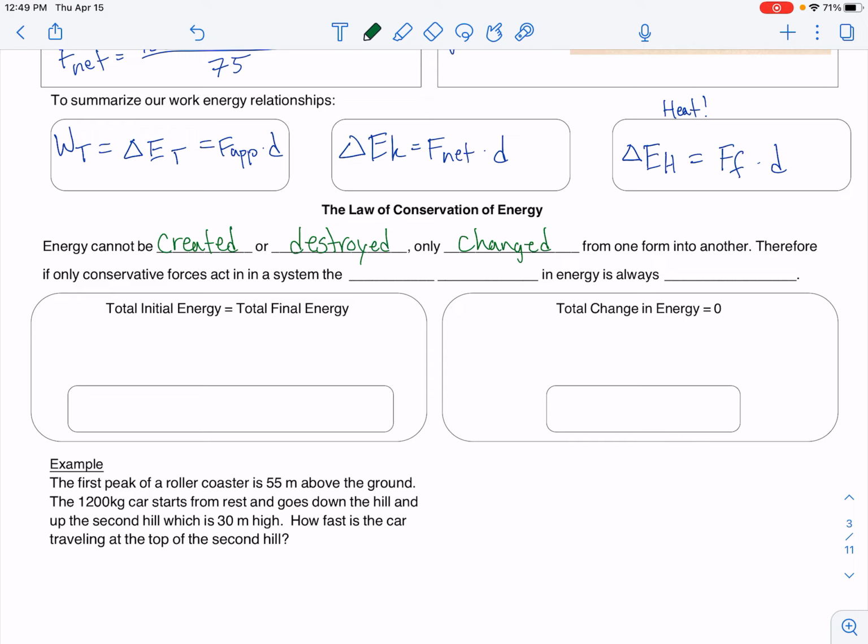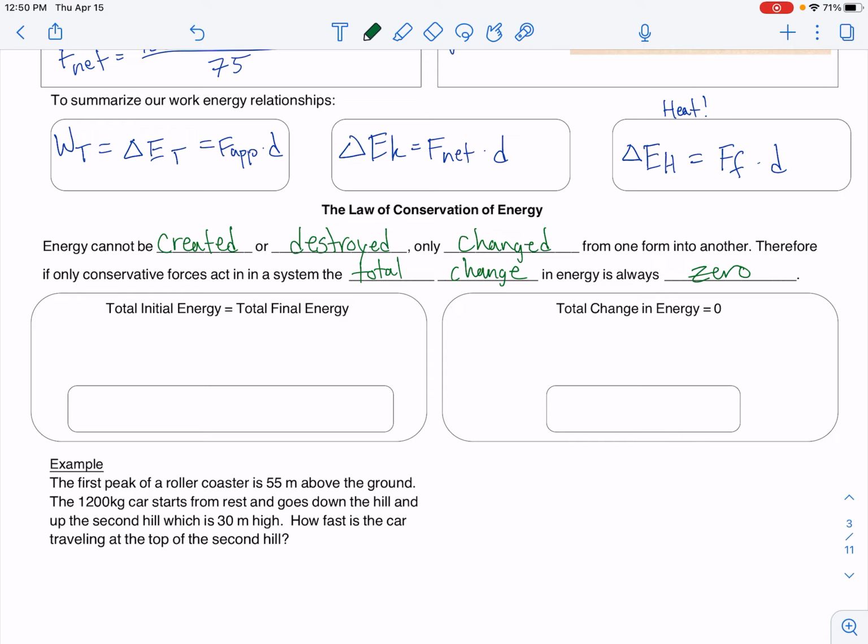Therefore, if only conservative forces act in the system, the total change in energy is always 0. So if it's a closed system, our total initial energy, E sub I, equals our final energy, E sub F.